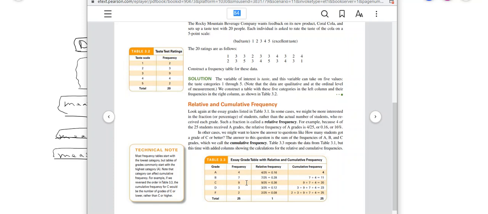So let's look at this again. D's, how many people got a D or better? 3 plus 9 plus 7 plus 4. Add it up over here. Get 23. So now everybody together, all these together is 25, and that's what's here in the end. So you add them all up, you get 25.